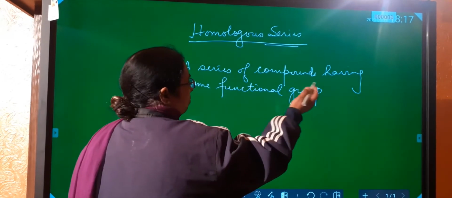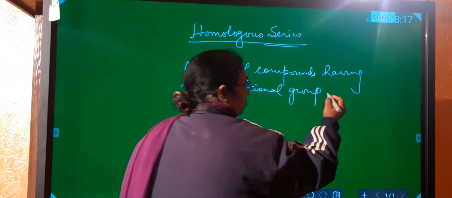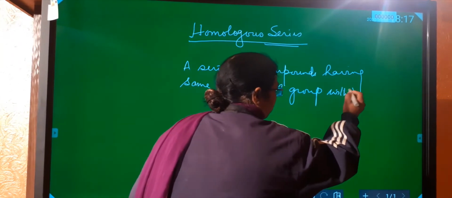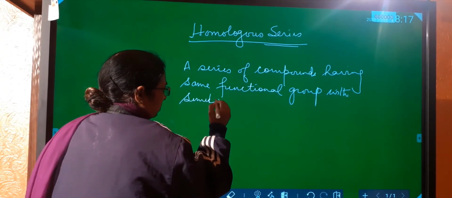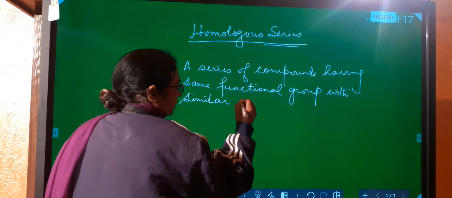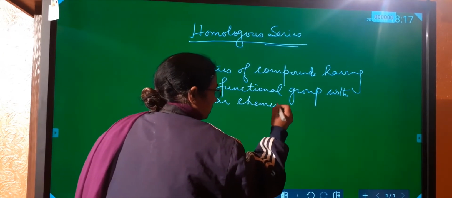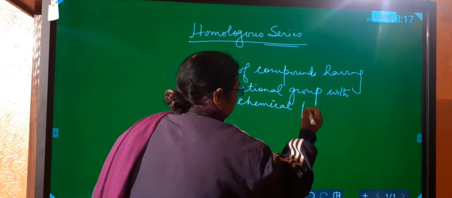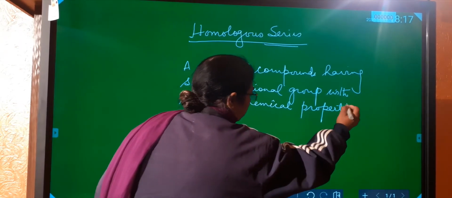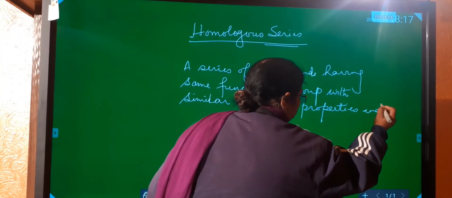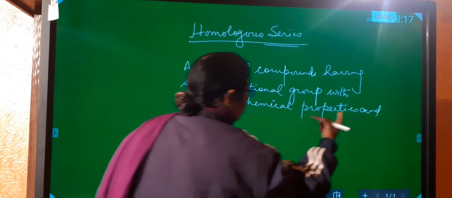A series of compounds having the same functional group with similar chemical properties, and what is particular about it?